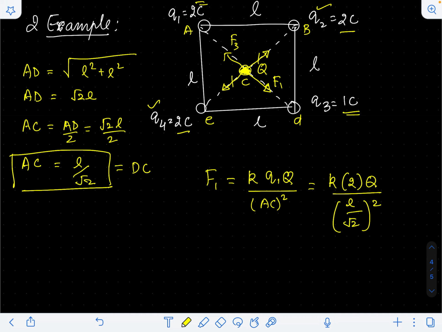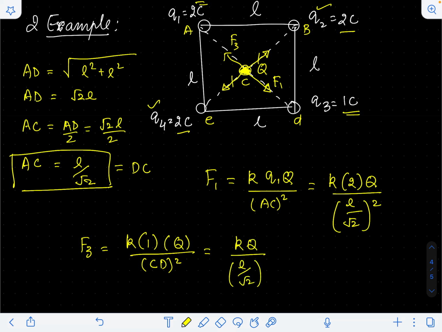In the same way, F3 can be written as K times 1 coulomb times Q upon CD square. It is K Q divided by L upon root 2 squared. So this is along C to A and this is along C to D. Keep in mind, it means that F1 and F3 have opposite directions but their magnitudes are not the same.